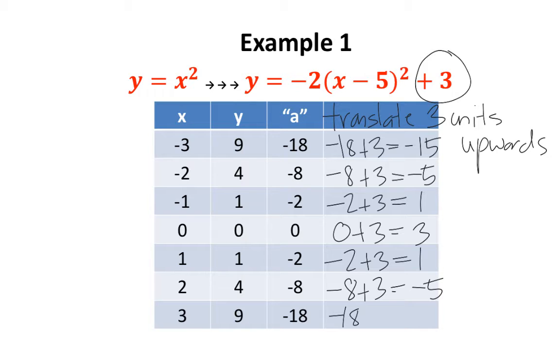And -18 plus 3 is equal to -15. And there we have a whole new set of y values, and we have our existing x values that we can use to plot these points.